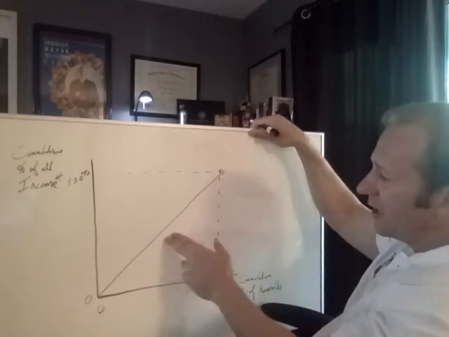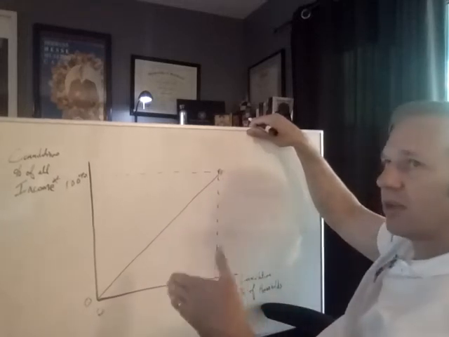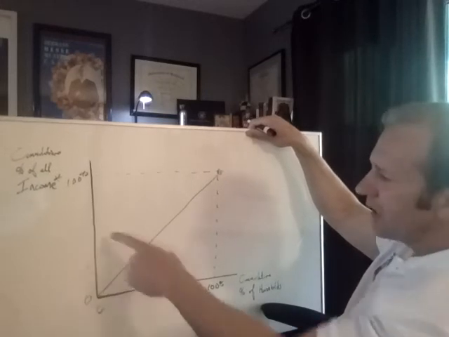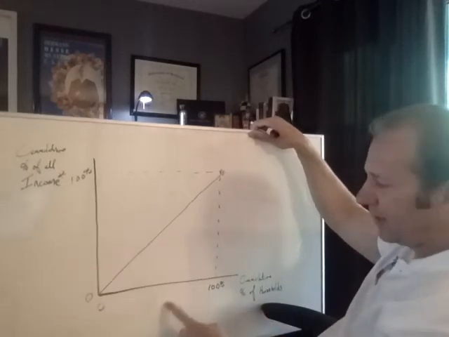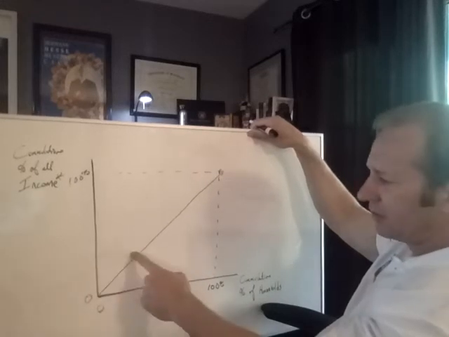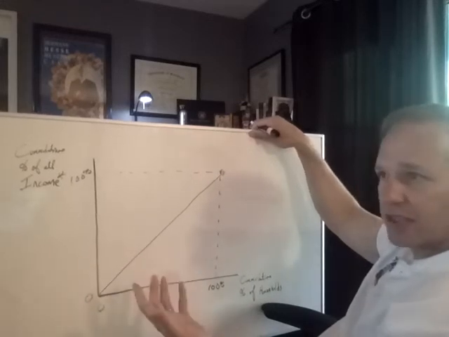So along the way, if things are being distributed in perfect fairness, in a sense, half the income would be earned by half the population, right? 20% of the income would be earned by 20% of the population.